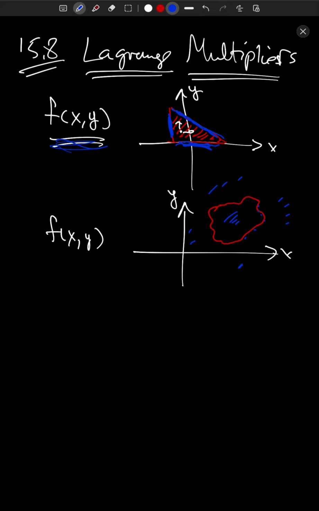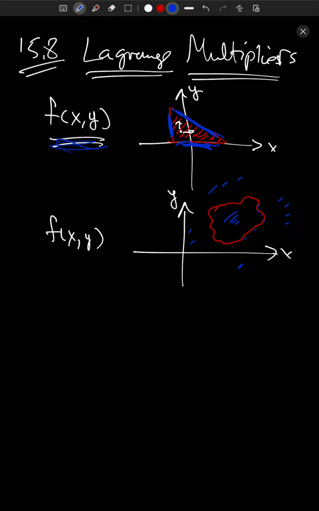So now we're going to have a new technique where we don't have to parameterize, which is good because sometimes parameterization is not necessarily easy, which allows us to work with a bigger variety of curves.